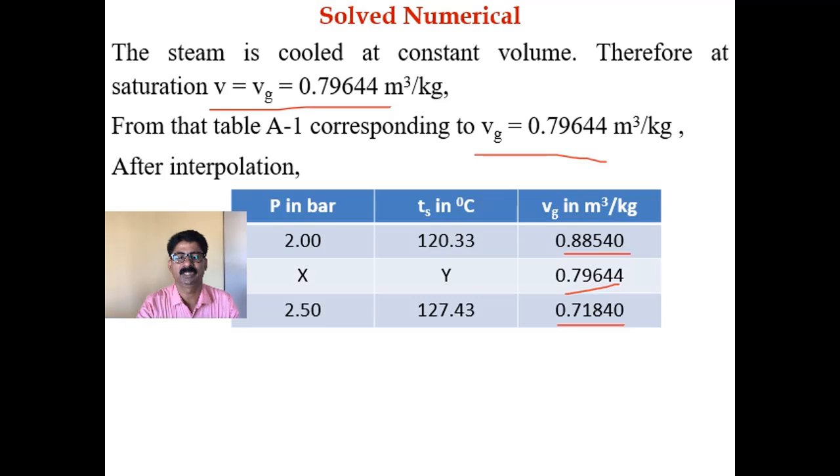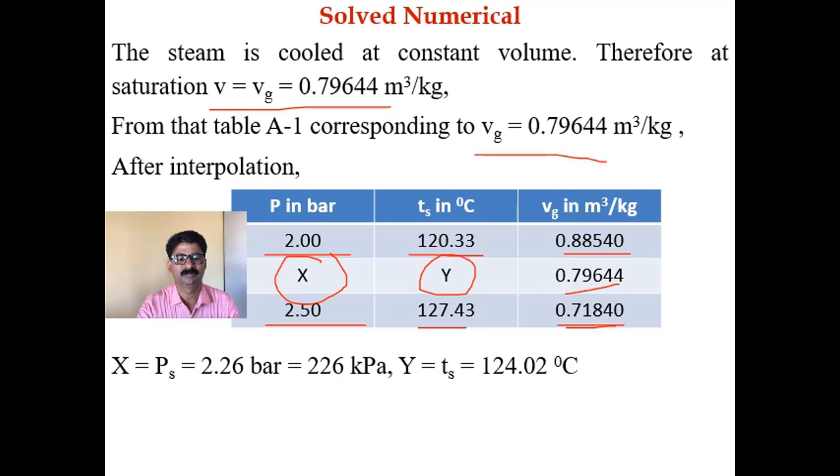Corresponding to 0.88540, the temperature is 120.33 and the pressure is 2 bar, whereas for 0.71840 the temperature is 127.43 and the pressure is 2.54. The pressure I want at 0.79644 is X and the temperature is Y.